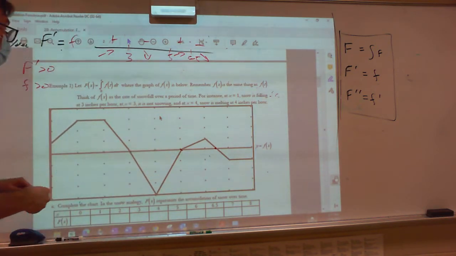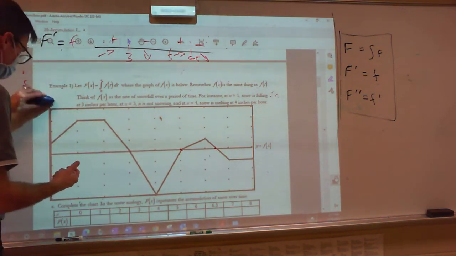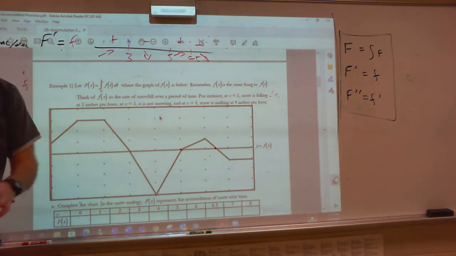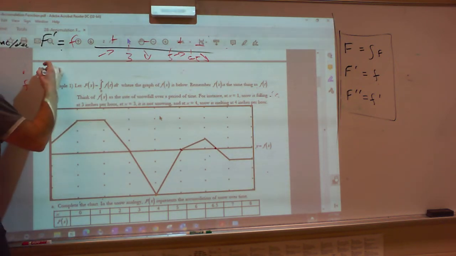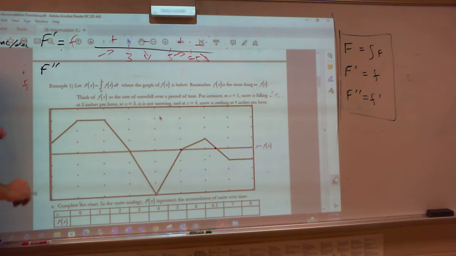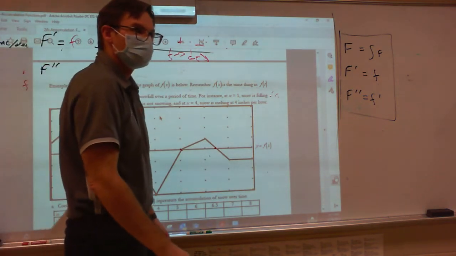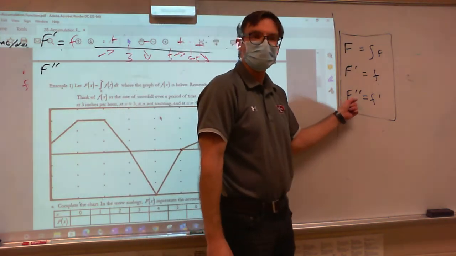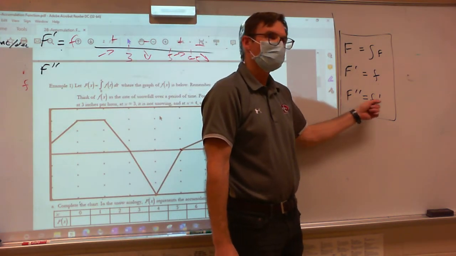All right, next part. Well, I need to talk about concavity. And if I'm going to talk about concavity, that's the second derivative, big F double prime. I don't know what big F double prime is, do I? No clue. Here's my conversion. What's big F double prime? It's the derivative of F prime.